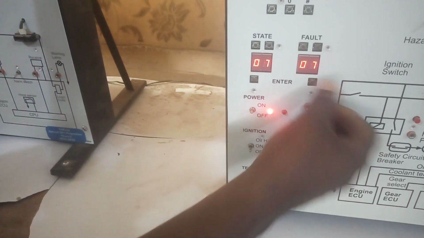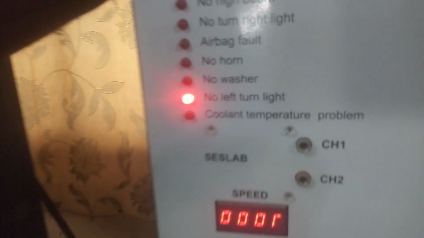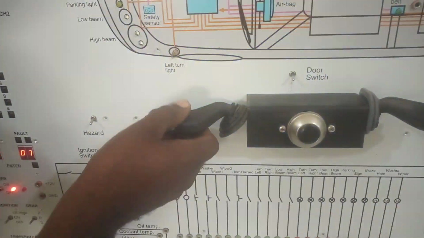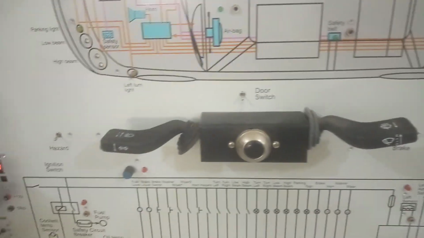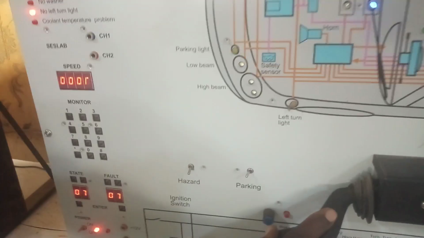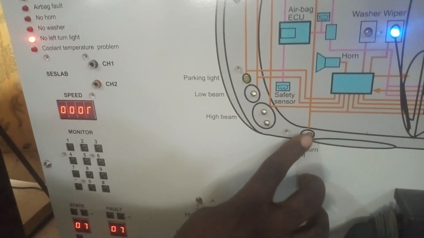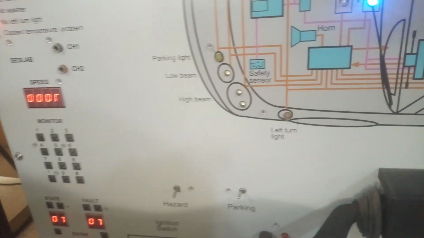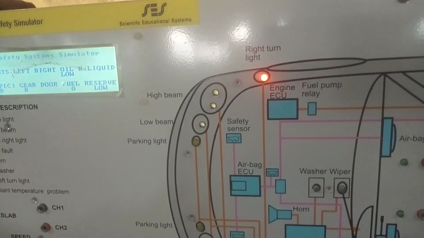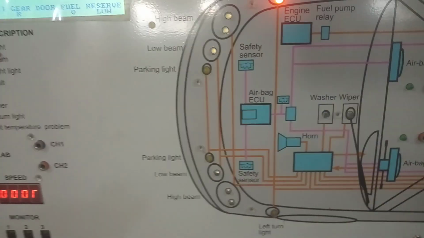You enter. That is no left turn light. Then you turn left and see. Now when you turn left, you can observe that there is no indication. Go right and see that the light is showing.